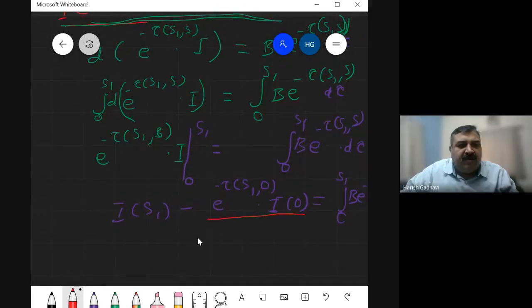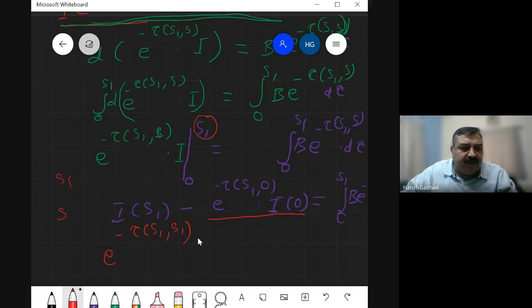So when we substitute S1 into this, you have e power minus tau from S1 to S1. So you don't have any physical distance to cover. And what is the tau in this term? The tau is an integration from S to S1.